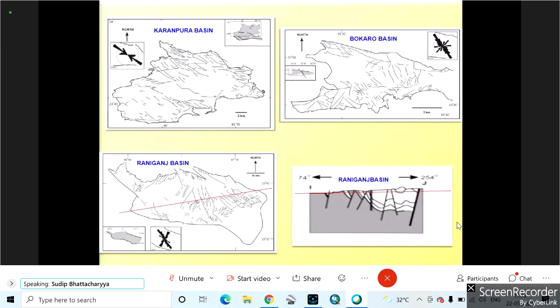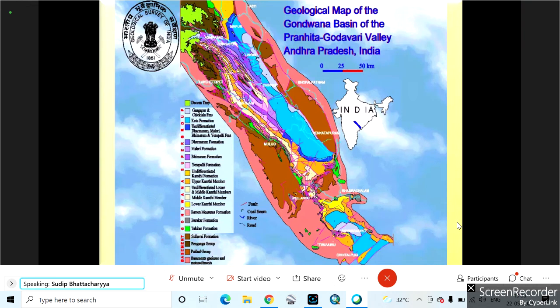And it is suggested that the faults are not post-depositional. The majority of faults are synsedimentary, forming while the coals are forming. Now going to the Pranhita-Godavari, that is the same.